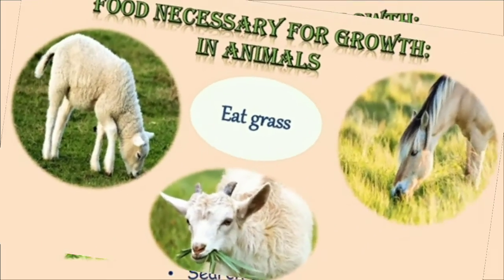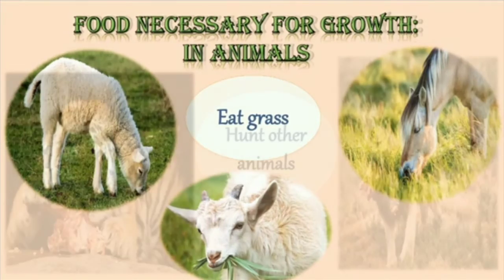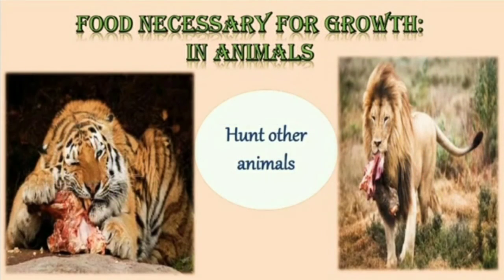Animals such as goats, sheep, horses eat grass as their food, while the wild animals such as tigers and lions meet their need for food by hunting other animals which live on plants, right?